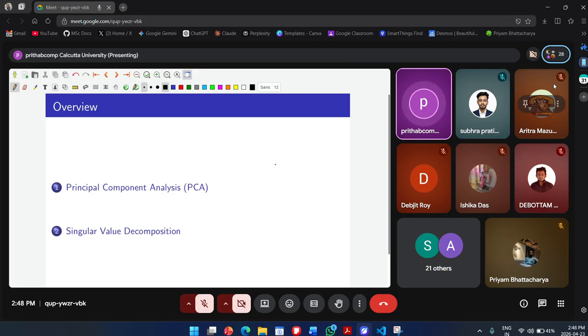So maybe singular value decomposition, you know how to do it, but probably I'm not sure if you have understood why singular value decomposition works. So in this class, our focus will be on how really principal component analysis works, not simply how you compute, but why you compute in this fashion. So that is the focus today.